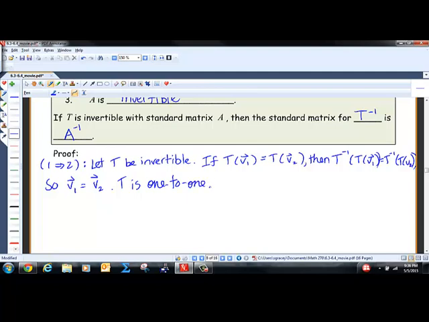Okay, now T is onto. We have to show that T is onto. So let's look at the game plan. If you consider some vector W, for any vector W that's an element of Rn, T inverse at W has to be what?